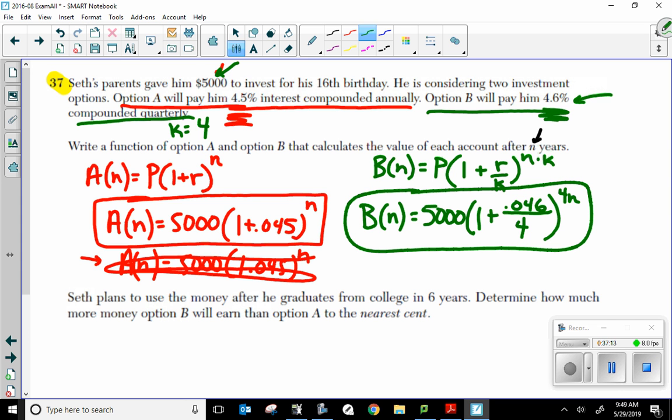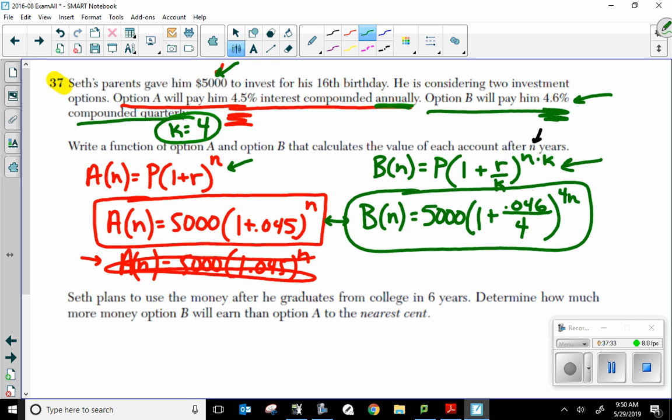There you go. All you had to do was take numbers literally out of the problem. Why is this a 6-point problem? These two equations are different based on whether it's compounded. If it's compounded more than once, you have to use the K. If it's not, you can do it this way, which makes it easier.